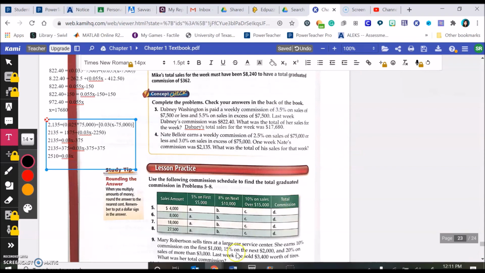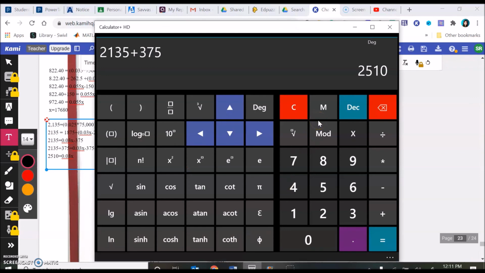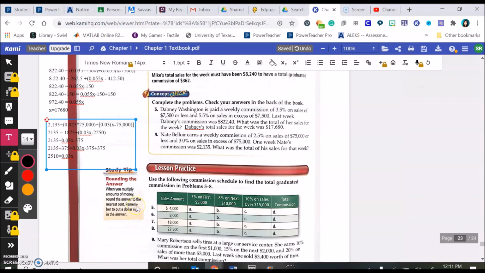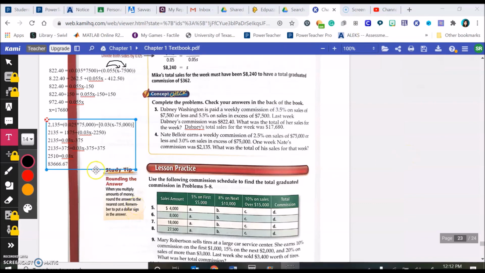I divide both sides by 0.03. 2,510 divided by 0.03, I get $83,666.67. So Nate's total sales for the week were $83,666.67.